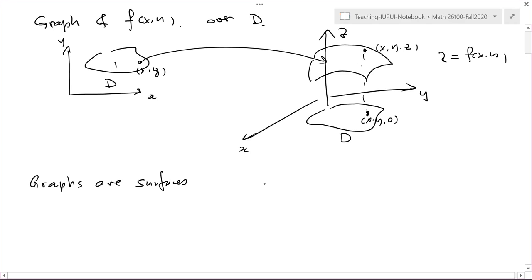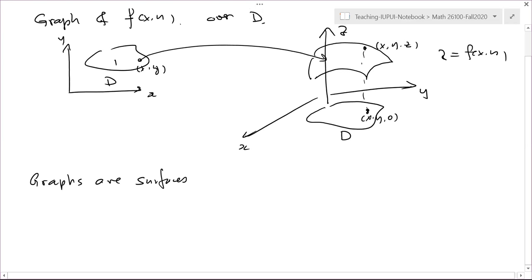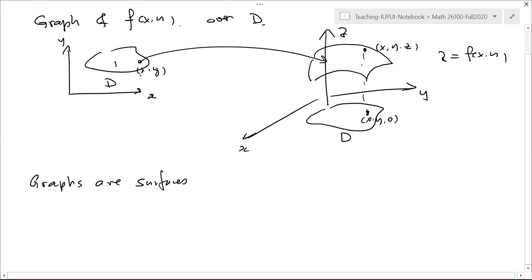So x is sent to x, y is sent to y, but you also get another component, right? The point with coordinates x and y, I send it to a point in three-dimensional space, but z is determined by the function.